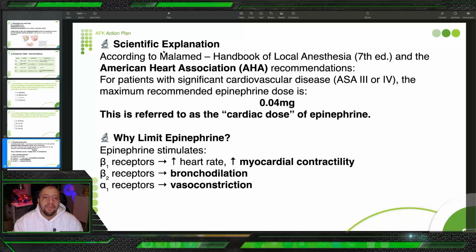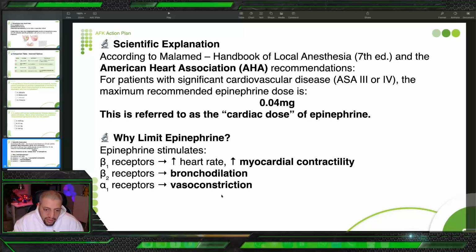Let's go back here. So the Mnemonics handbook and the American Heart Association recommendation: for patients with significant cardiovascular disease, ASA 3 or 4, the maximum recommended epinephrine dose is 0.04 milligram. This is referred to as the cardiac dose of epinephrine. Why this limit? Because epinephrine, when given, stimulates both beta and alpha receptors. So when you stimulate everything, you increase the heart rate, increase myocardial contractility, and end up with bronchodilation and vasoconstriction.